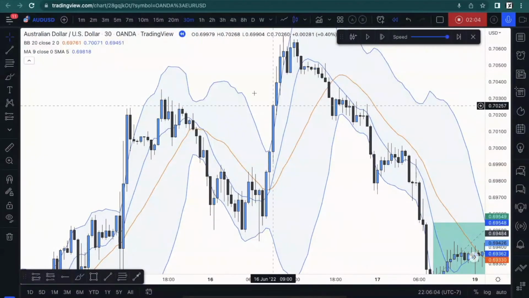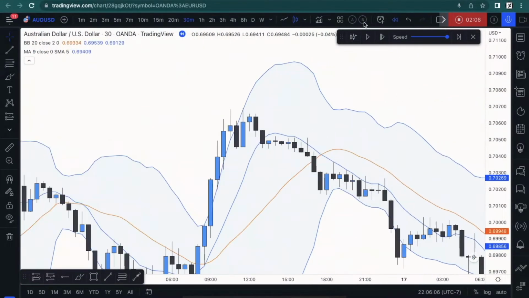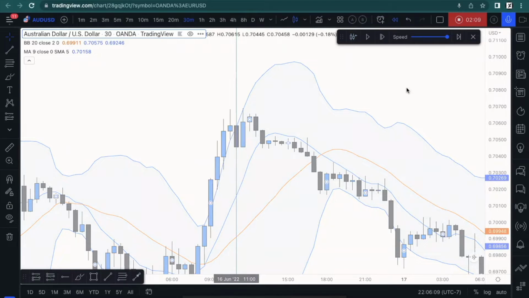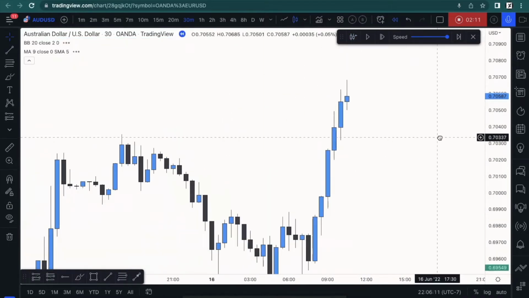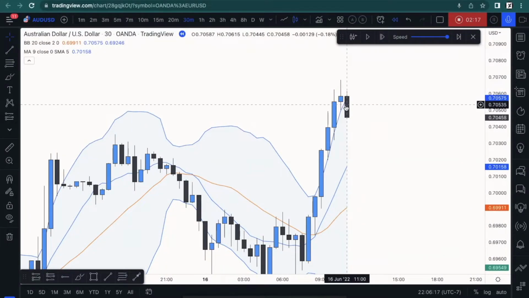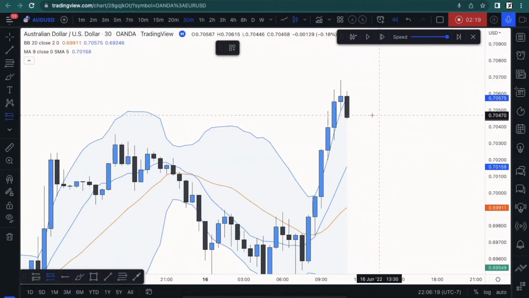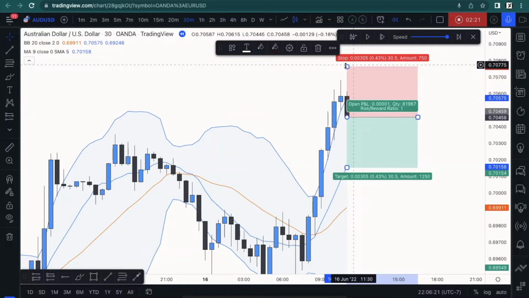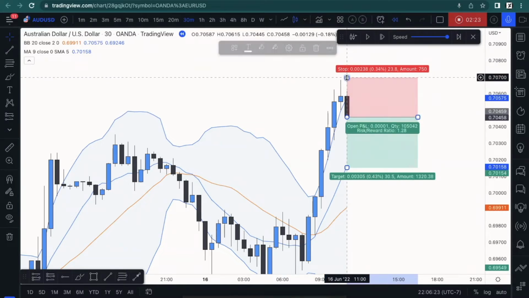Let's also see an example for sell. Right here we can see price is trading above the upper band, and as soon as we see price closing inside the band, we take our entry, put our stop loss at the swing high and target the moving average.